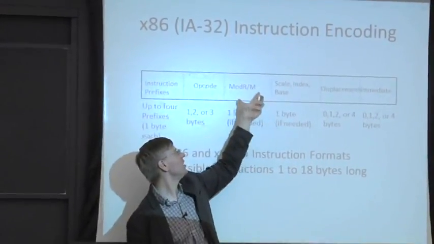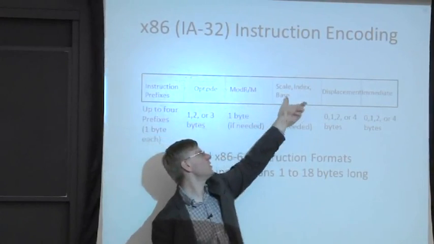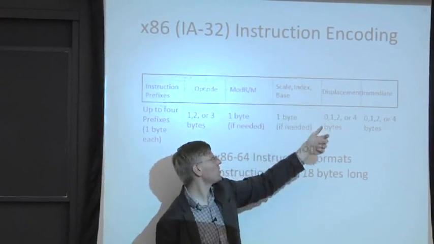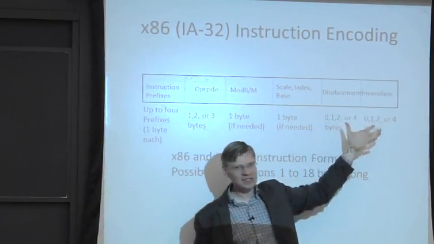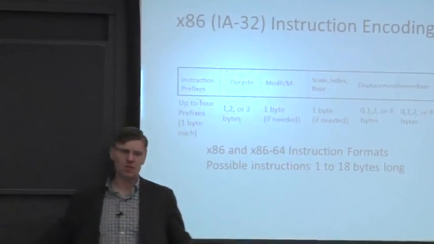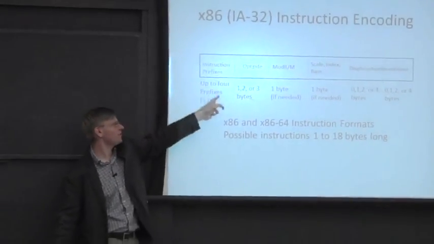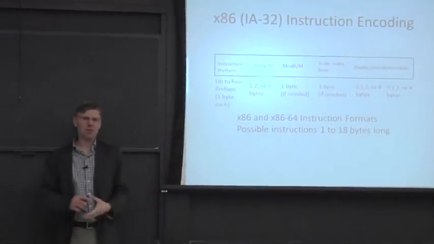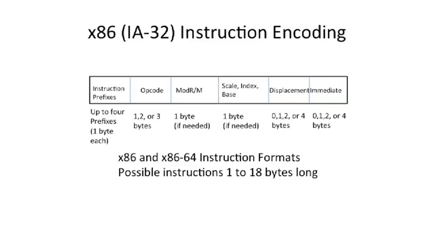And then there's different addressing modes, special information about different addressing modes, displacements, immediates, and those all take up more space. And then you can also have prefixes, so that rep in rep movsb is actually a prefix which says repeat this operation multiple times. You can encode all these things in a variable length instruction format like x86.